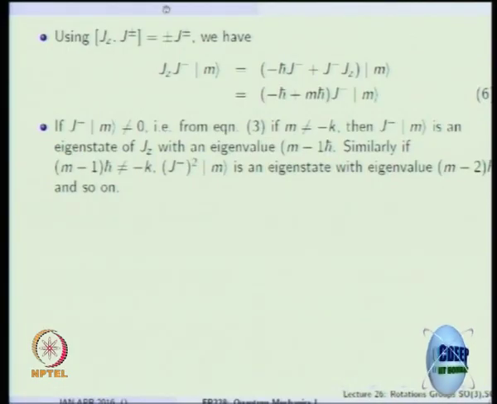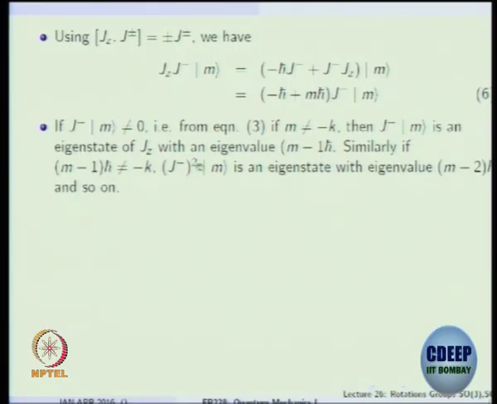So use this algebra, which is the algebra you would like to solve. If you solve this, you will be able to show that J minus acting on the state m is an eigenstate of Jz with eigenvalue m minus 1. The series of Jz should go from minus k to plus k, which also tells you that you can keep applying the lowering operator.